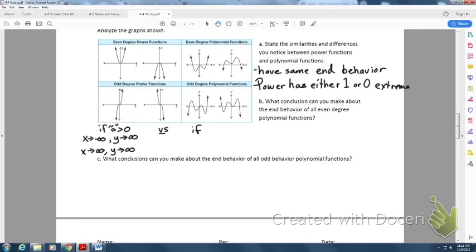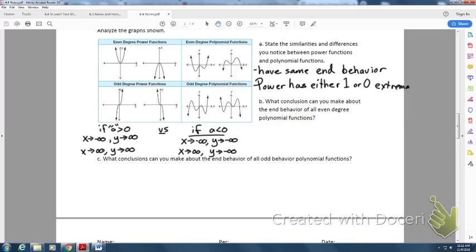Versus if the a is negative, then as x approaches negative infinity, y approaches negative infinity. As x approaches positive infinity, y approaches negative infinity. Remember, that is referring to an even degree, which is these top two. Those are both up, up if a is positive, they are down, down if my a is negative.